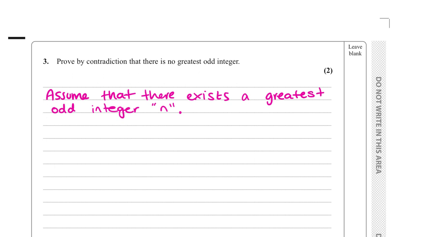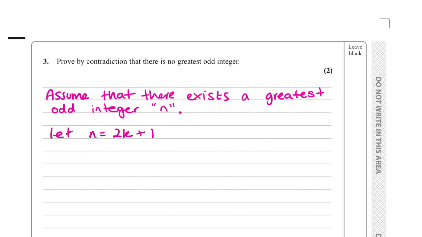Okay, so now to get the next part of the proof. What we now need to do is, going back to GCSE level, would we represent an odd number as n? No. What would we represent an odd number as? 2n plus 1, 2n minus 1, 2n plus 3, etc. Okay? So, then we're going to put let n equal 2k plus 1.